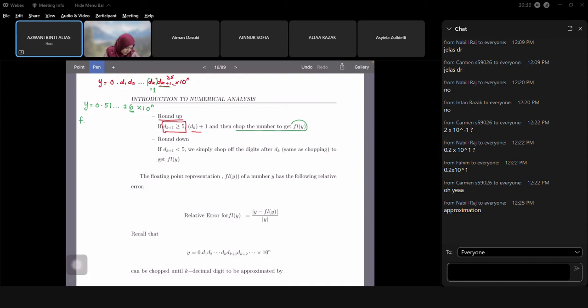So floating number untuk y, okay, adalah dia akan jadi 0.512 ke 0.513? 0.513. Okay, so 6 ni is greater than 5, so kat sini kena tambah 1. Macam ni lah kan, bulat lah kan. Simple. Boleh tak? Jelas?